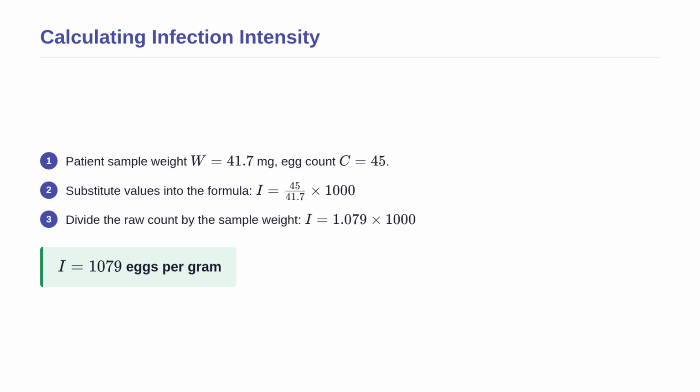First, we substitute our known values, replacing C with 45 and W with 41.7. Next, we divide the egg count by the weight, yielding approximately 1.079 eggs per single milligram. Finally, multiplying by 1,000 gives us 1,079 eggs per gram. This quantitative result tells the doctor the patient has a moderate infection, guiding the correct dose of praziquantel.